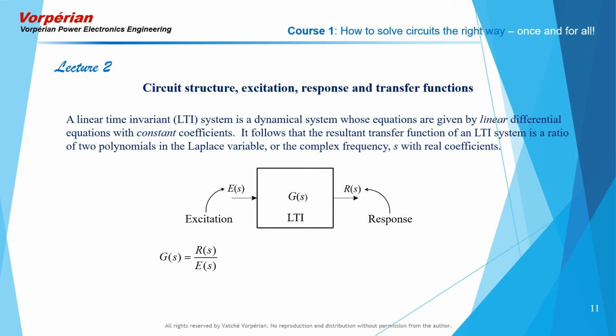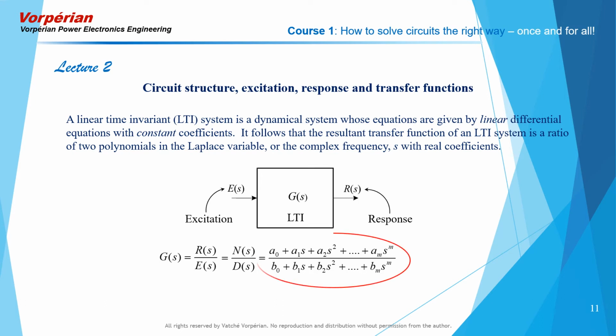The ratio of R(s) to E(s) is the definition of a transfer function. And as it turns out, that transfer function can be written as the ratio of two polynomials, one in the numerator and one in the denominator. And this is what you see in most of your system theory class.